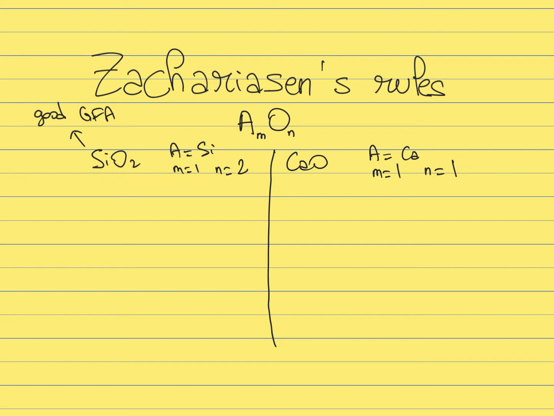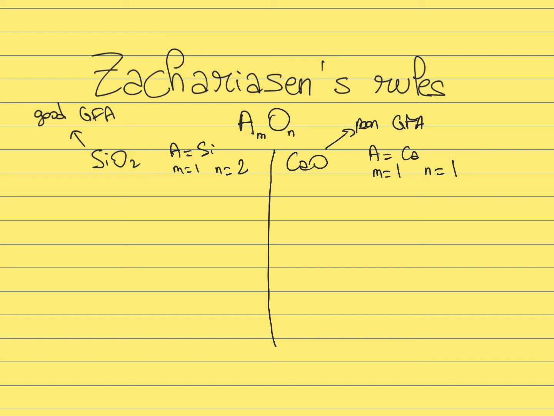If you take a silica melt and you quench it, most likely you will end up with a silica glass, and it's going to be difficult to end up with a crystal. While on the other hand, calcium oxide has a very poor glass forming ability. So in that case, if you take calcium oxide and you melt it and then you quench it, you will most likely end up with a crystal.